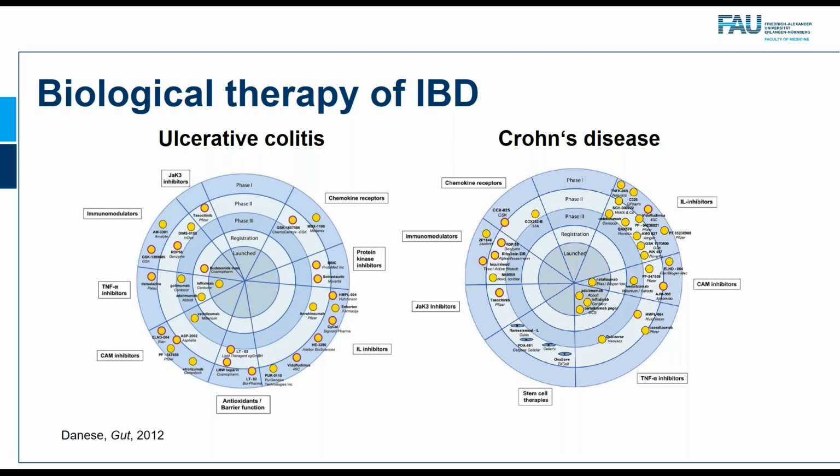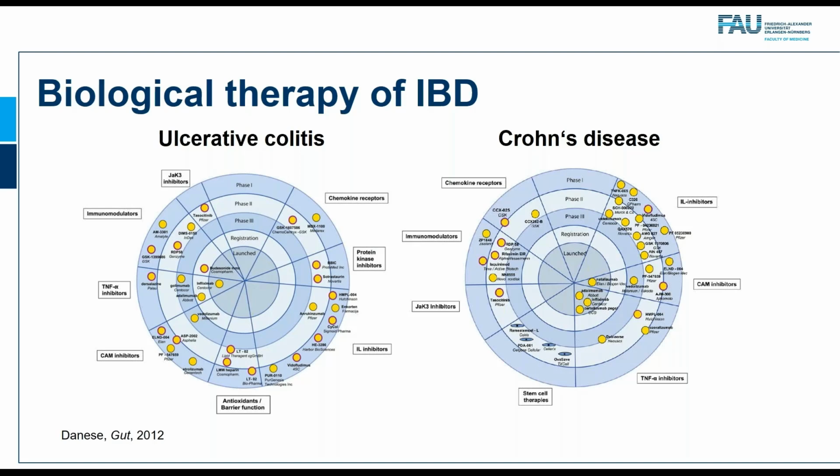So basically that looks quite good, but the bad thing about this situation is that not every patient responds to every therapeutic. For instance, with the anti-TNF inhibitors, we only have a response in about 2/3 of all patients, and we have no possibility to tell in advance which patient might benefit from the therapy.